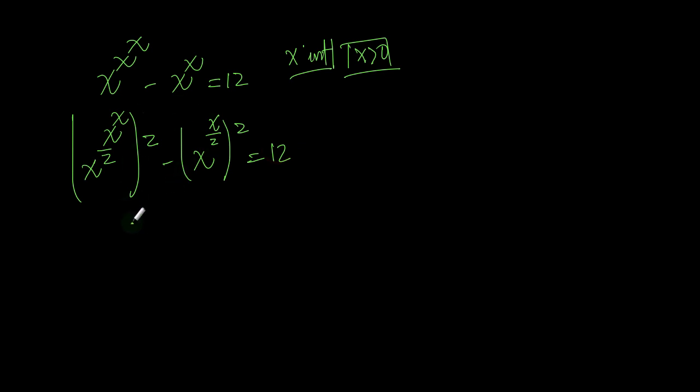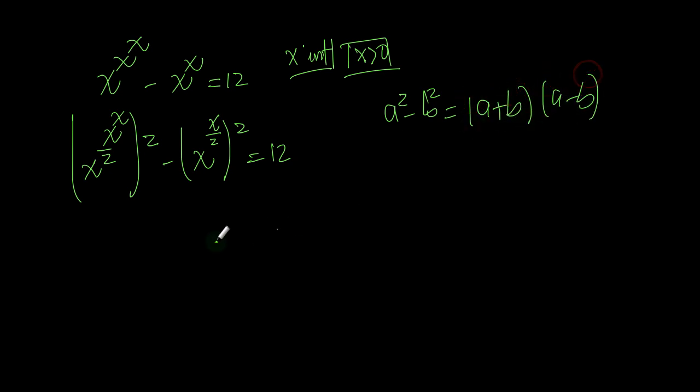So from here, guys, we have something like a square minus b square, which we can write as a plus b times a minus b.